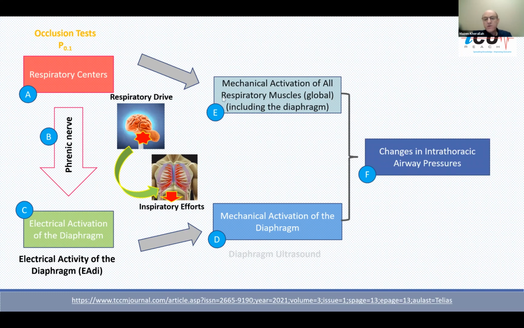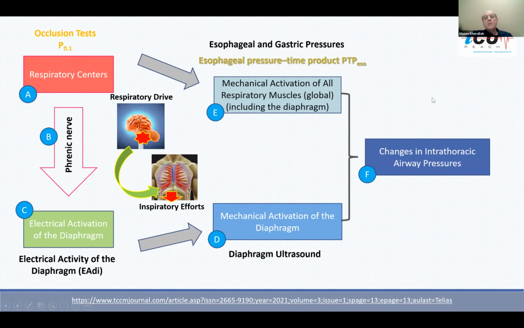Then we have the ultrasound, and we're able to look at the diaphragmatic muscle. And then we can put a special probe to measure the esophageal and gastric pressures, and from this we'll be able to look at the esophageal pressure time product.